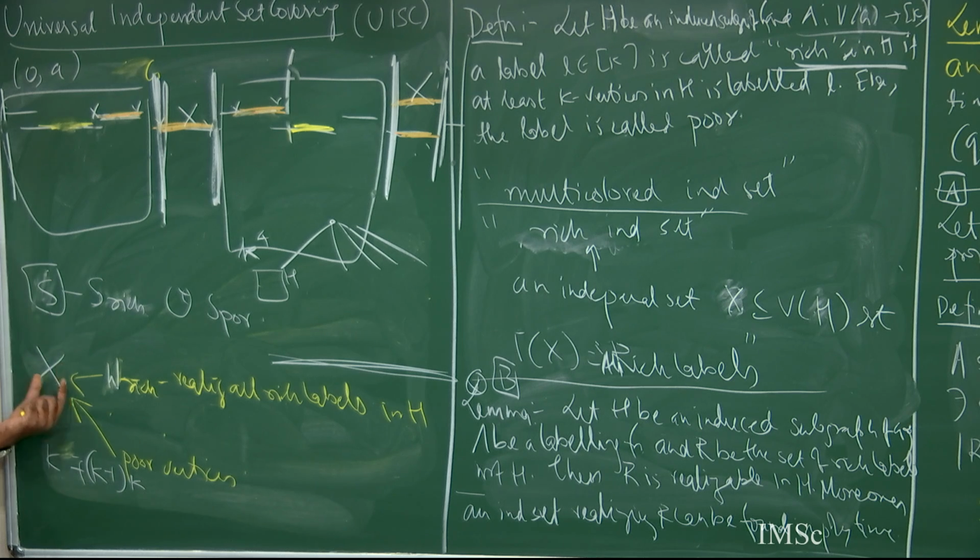What is the size of the set X, the number of vertices you add at any node? It is exactly this much: all the poor vertices and a set which realizes all the rich labels. What is its size? If there are only k labels, I can find a set of size k which realizes all the rich labels. So this is like k square minus k, so this is exactly k square.